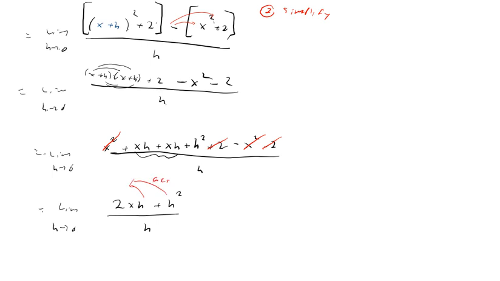I'm going to get the limit as h approaches 0 of h times 2x plus h over h. And now my h's can cancel. And you'll see that's a very common thing that you do. You GCF factor out an h. Your h's are going to be repeated somewhere, and you'll factor it out. You'll get rid of it, and that'll be how you cancel.